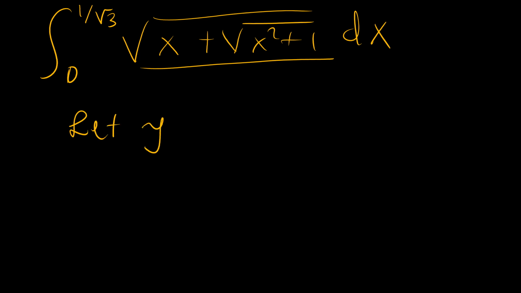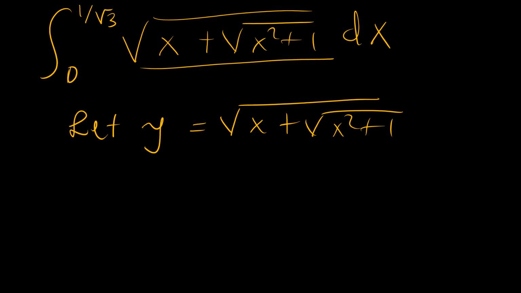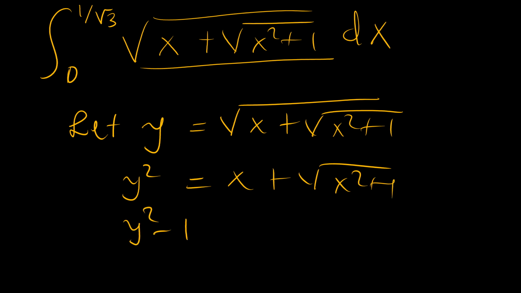And we say let y be equal to the square root of x plus the square root of x squared plus 1. And so y squared is equal to x plus the square root of x squared plus 1, so y squared minus x equals the square root of x squared plus 1.